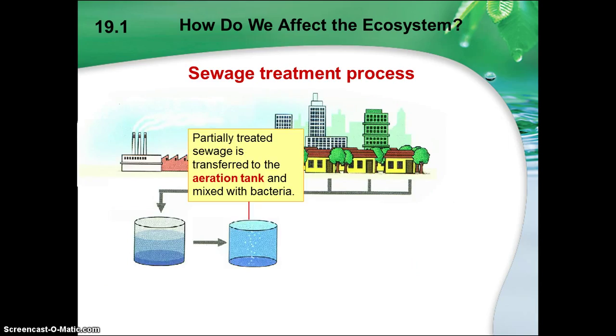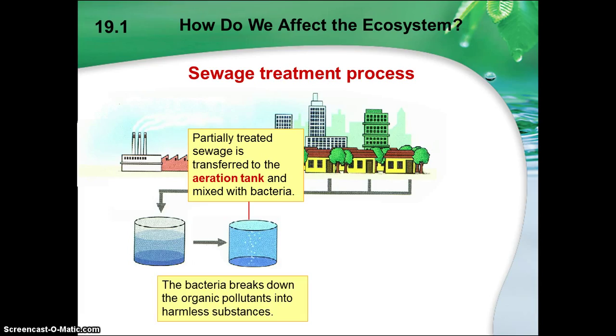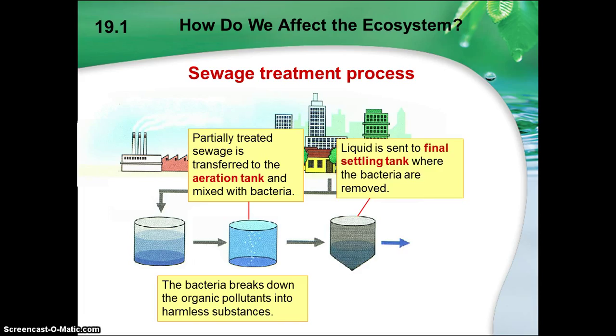Then, it is partially treated and transferred to an aeration tank and mixed with bacteria. In this case, the good bacteria help to break down the organic pollutants into harmless substances. After which it is sent to the final settling tank where the bacteria are removed and the treated sewage is discharged into the sea.